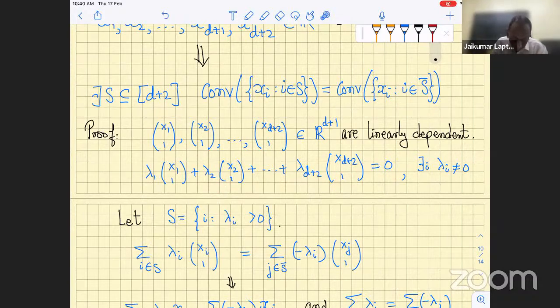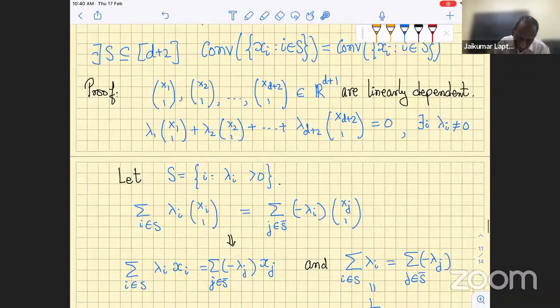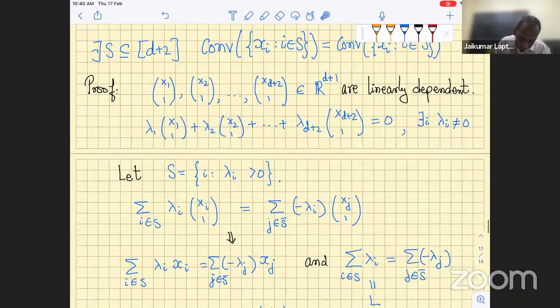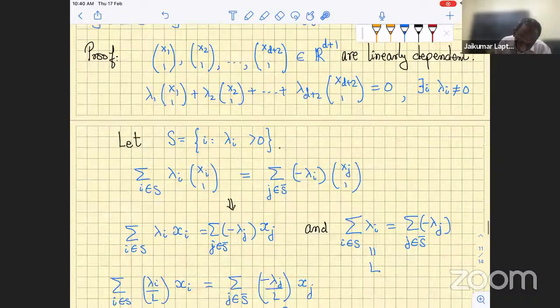So it's clear what we should do. Look at all those points where the lambda is positive, and all those points where the lambda is negative. That is S bar. The positivity and negativity tell you which side to go: positives go into S, everybody else goes into S bar. We know that they nicely cancel each other.